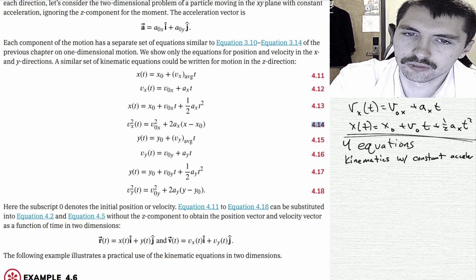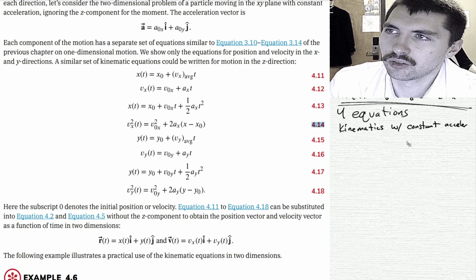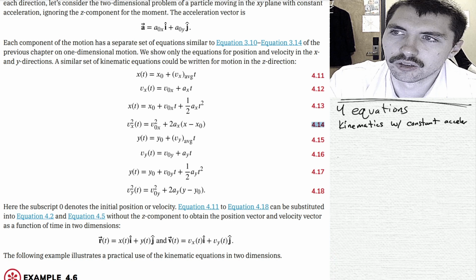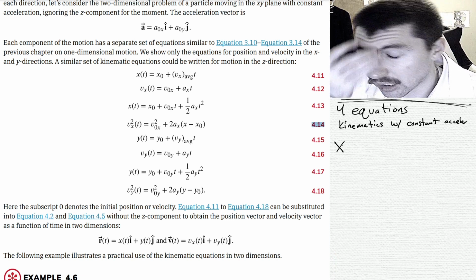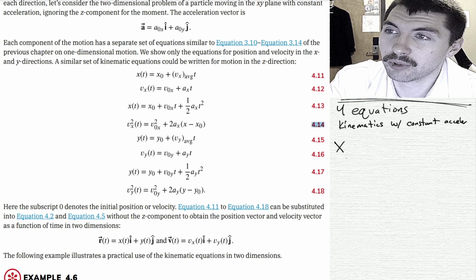Okay, so four equations. I like to think in n dimensions.